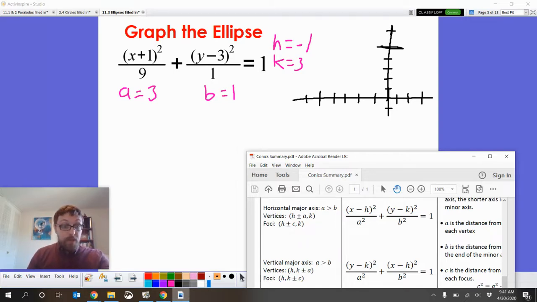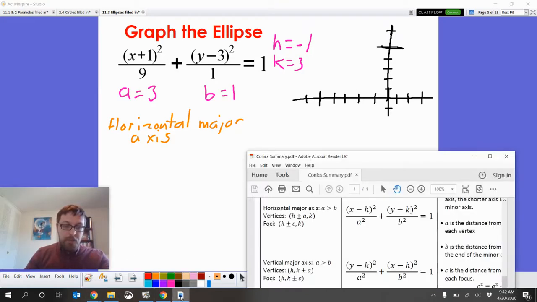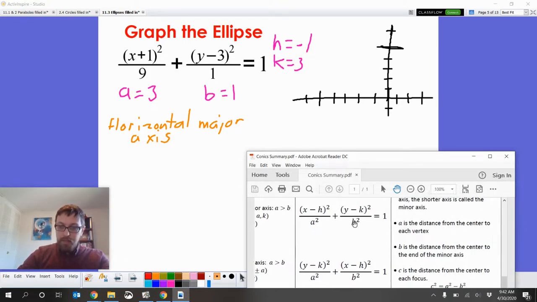So based on this, we have a horizontal major axis. I'm going to write that down before I forget. We're going to get some information about our major axis.